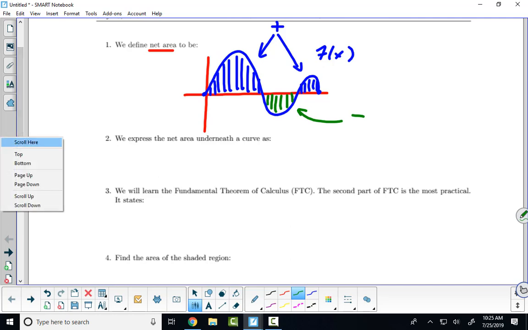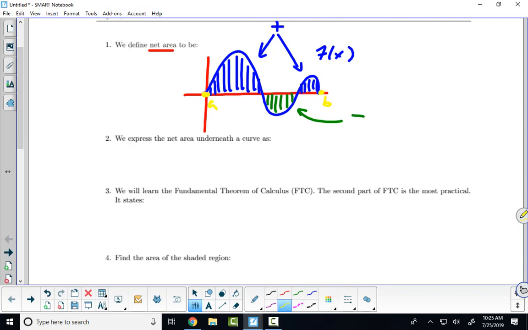Okay, so how are we going to talk about this area underneath the curve? The notation that we're going to use, and we'll justify this later on today and tomorrow on Monday. Let's go ahead and label this as A right here, and this as B right here.